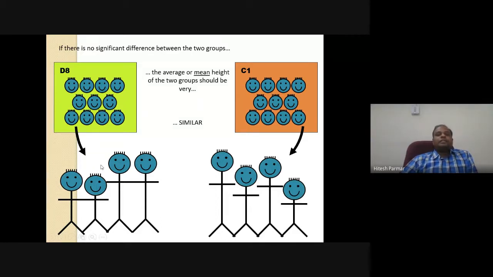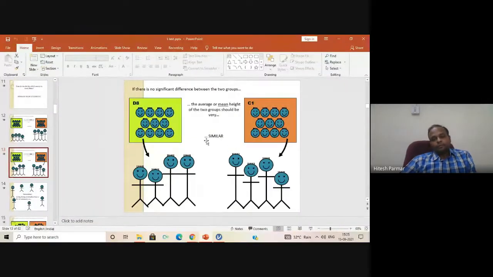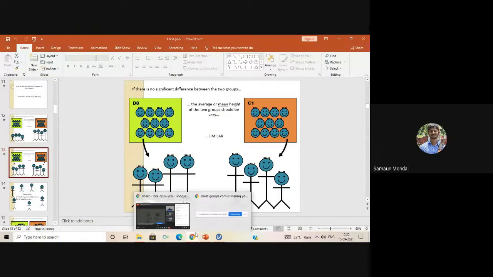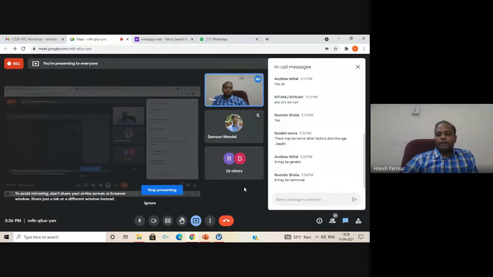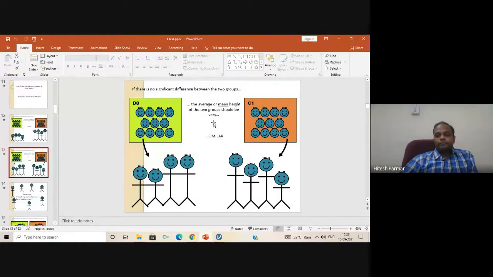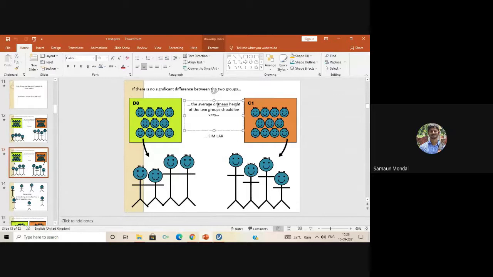So in t-test, how many groups are we comparing? 2 groups. In t-test, we are comparing two. And on what basis are we comparing? What is our comparison criteria? 2 groups must be continuous variable.